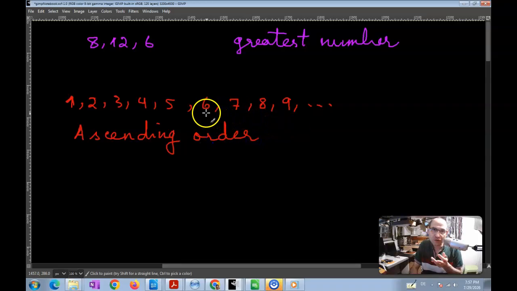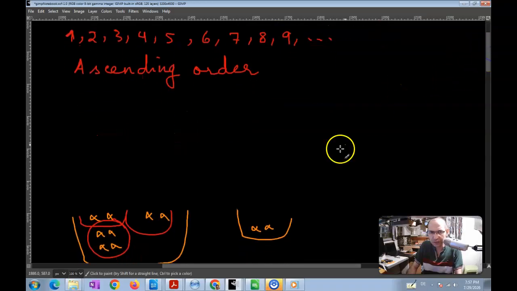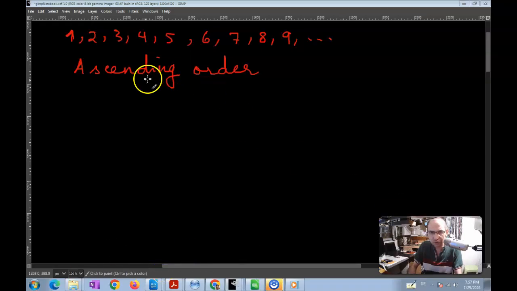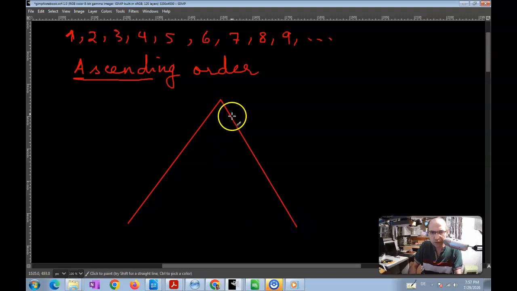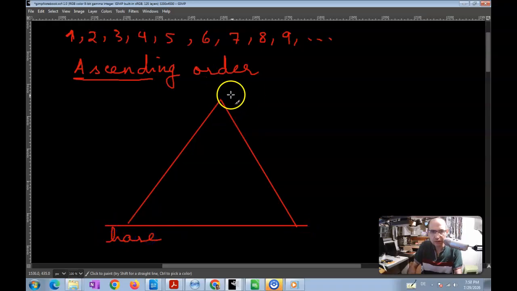In an ascending order, what that means is that the numbers are ascending, meaning that they are getting larger and larger. And essentially, the word ascend, in the English language, means that if you have a mountain, something like this, this is the base of the mountain, this is the top of the mountain, and if you move towards the top of the mountain, you're ascending the mountain.